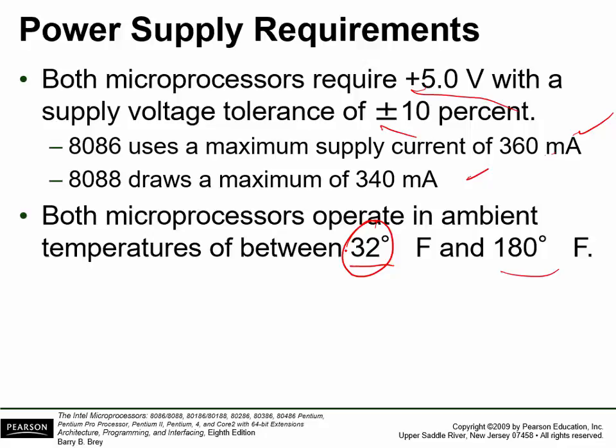I've also worked a number of years, off and on, with some military electronics, and military electronics, of course, has to operate in very extreme temperatures. If it's in an aircraft, for example, it could be flying at 40,000 feet, or 15,000 meters, up in the air, and it is cold up there.